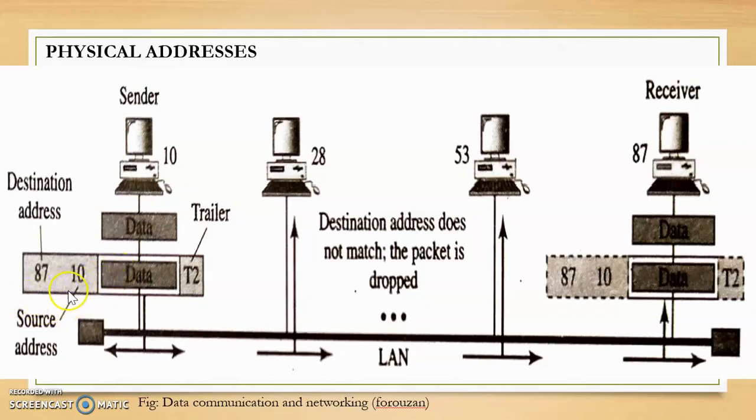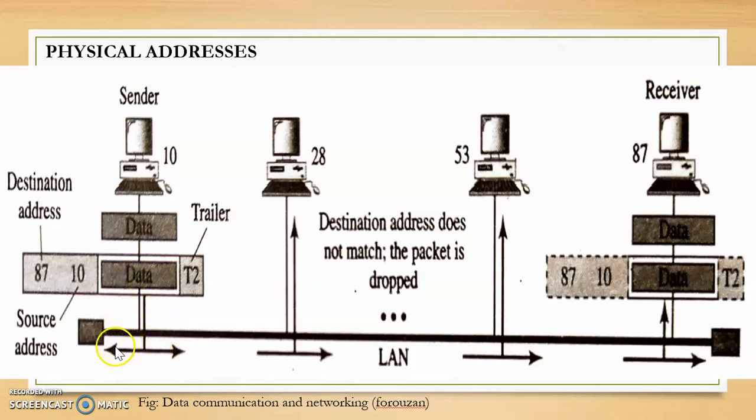Then the data link layer will attach the MAC addresses, that is it will attach the sender's MAC address and the receiver's MAC address. So the source MAC address is 10 and the destination MAC address is 87. Then the data link layer will send the frame to the physical layer. The physical layer will then convert bits to signals and send them over the transmission medium.